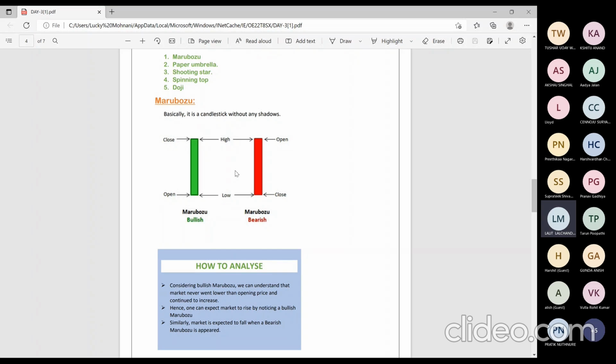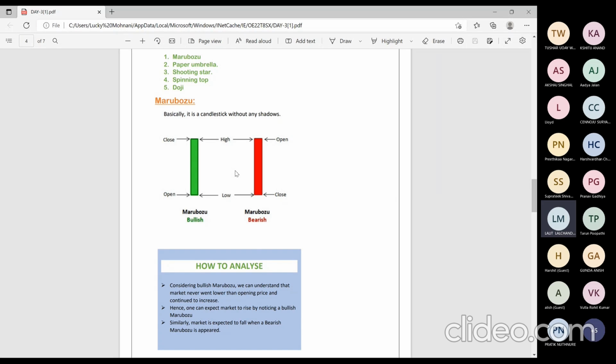You can continue. Yeah, I was continuing with the Marubozu pattern. It is a very interesting pattern: the market opens and closes at the highest price, whatever price it reaches, the market also closes at that price. That indicates very high purchasing demand for that particular share.